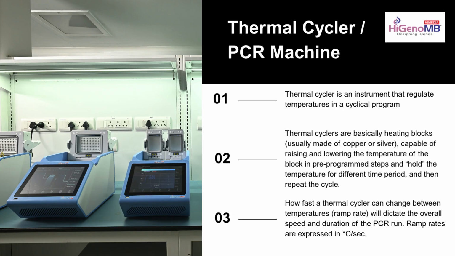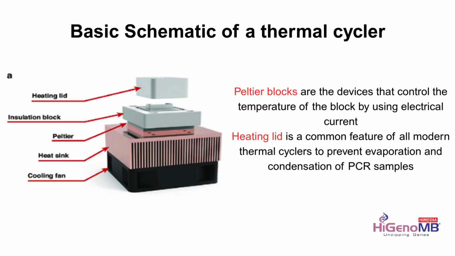Okay, there is an important quality of the thermal cycler which is essential for the success of the PCR. This is called the ramp rate. So what is a ramp rate? How fast a thermal cycler can change between different temperatures is called the ramp rate, and it is expressed in degrees Celsius per second. I will tell you in an upcoming slide why this feature is important.